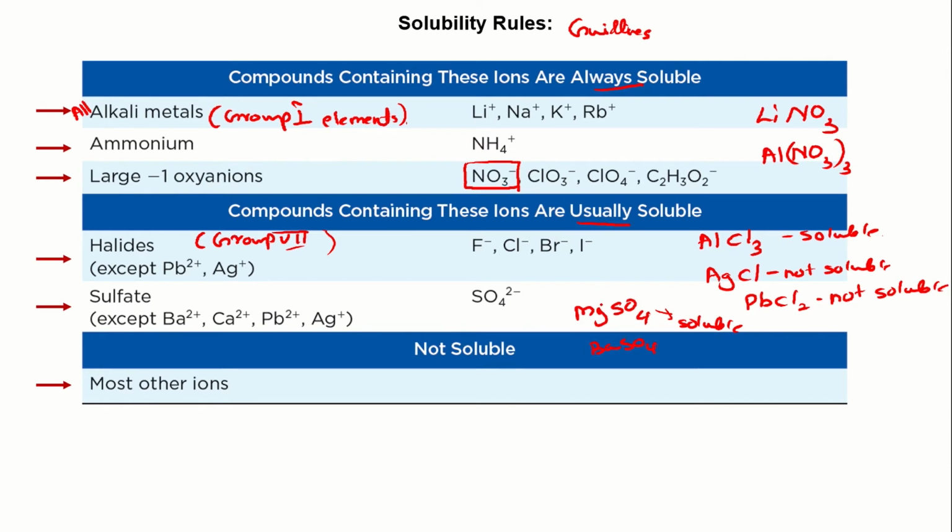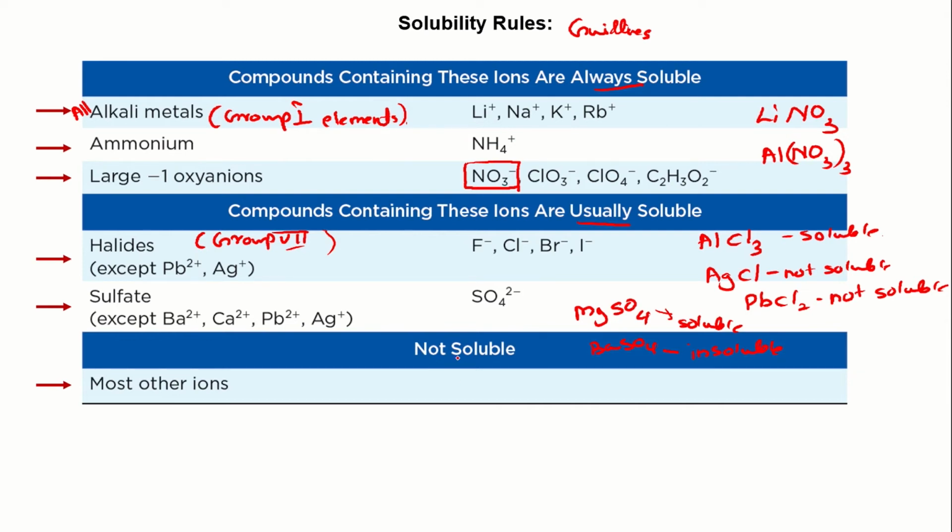Now, if you go into the periodic table, you will find magnesium and barium in the same group. So you can see for this, we cannot find a general trend like we stated here. So barium sulfate is going to be insoluble. Why? It is an exception, while magnesium sulfate is going to be soluble.